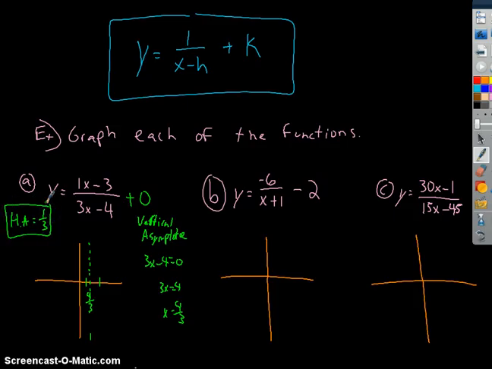So to find a horizontal asymptote when it's in this form, you look at whether you can reduce this fraction. You get 1/3. So if this is 1, 1/3 is about right here. Other than that, everything else remains the same. This is one end of the curve, this is the other end of the curve. And that's what the graph looks like.